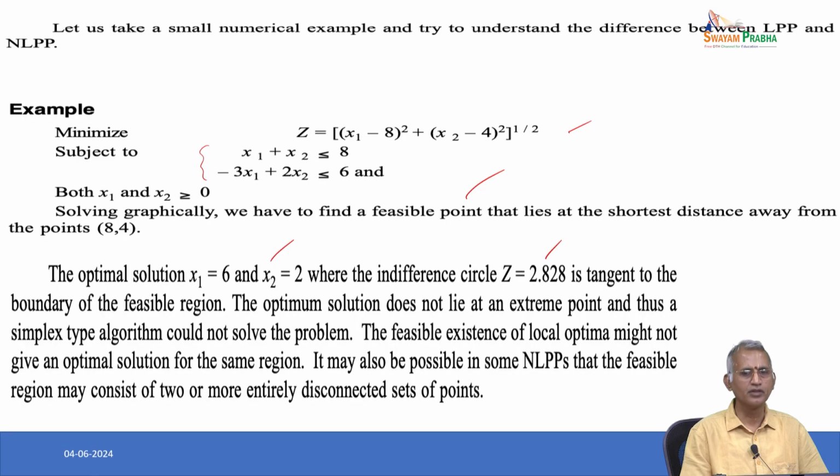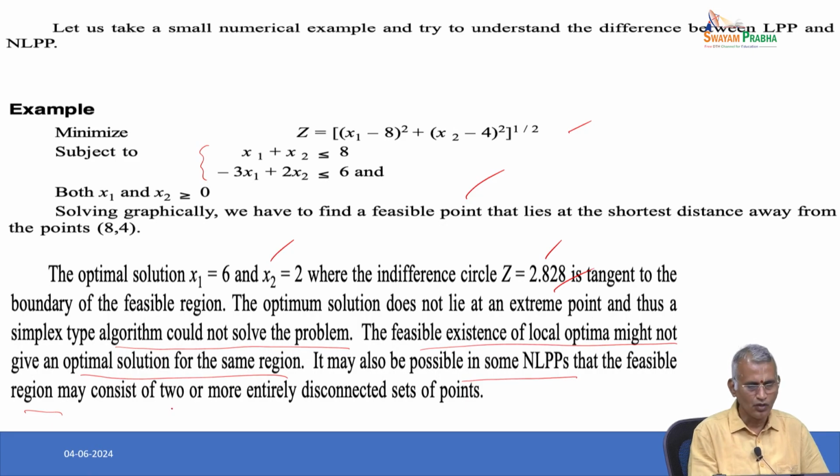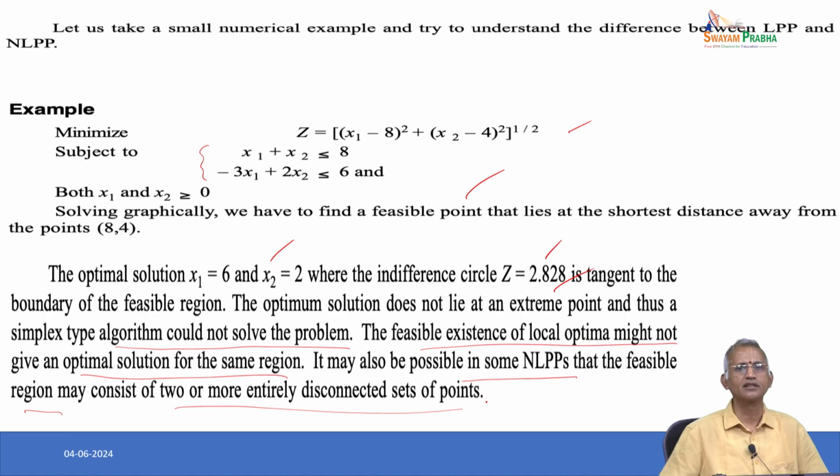So, the optimum solution does not lie at an extreme point, and thus a simplex type of algorithm cannot solve the problem. Therefore, the existence of local optima might not give an optimal solution for the same region. It is also possible in a nonlinear programming problem that the feasible region may consist of two or more entirely disconnected sets of points.